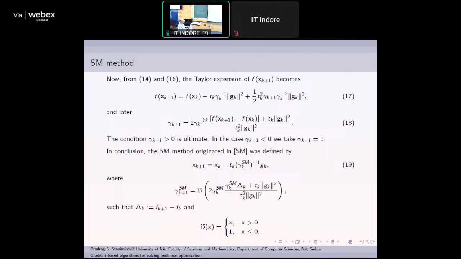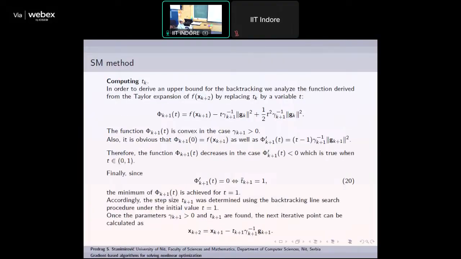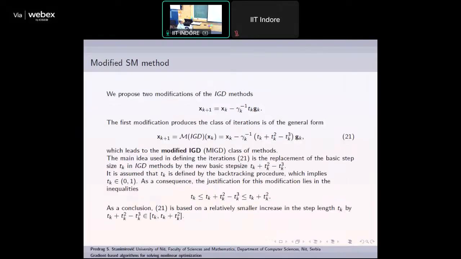When this value is less than 0, then we use 1, that is, go to the safe gradient descent method. Obtaining a negative gamma is dangerous because then we would go to a maximum, not to a minimum. In that way, we obtain an improved gradient descent method with 2 parameters.